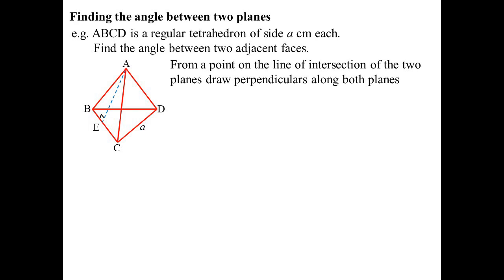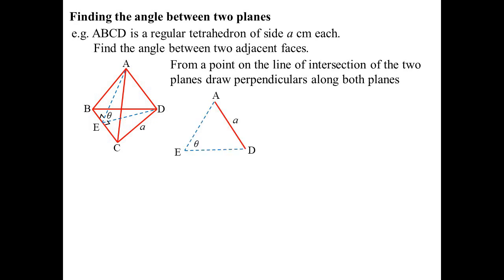I guess the reason I'm doing that is because I know the dimensions of the shape, so I can work out the length of that line. Then from E, it would also go through this vertex as well. So I've drawn in perpendiculars along the plane from that point of intersection. That's the angle that I'm trying to find in that triangle there, triangle AED. That's the angle I want.